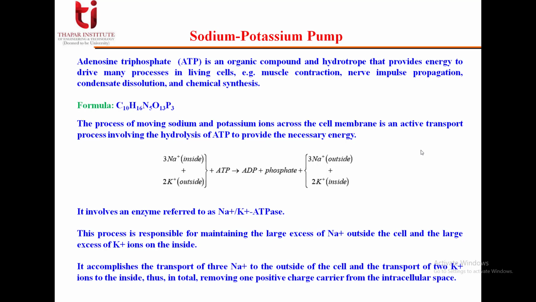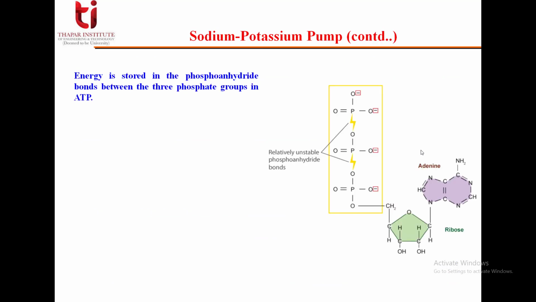It accomplishes the transport of 3 sodium ions to the outside of the cell, as you can see in the equation, and the transport of 2 potassium ions to the inside, thus in total removing 1 positive charge carrier from the intracellular space. This is the representation of ATP and how it is getting hydrolyzed. Energy is stored in the phosphoanhydride bonds between the 3 phosphate groups in ATP.